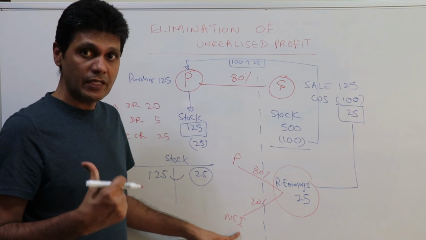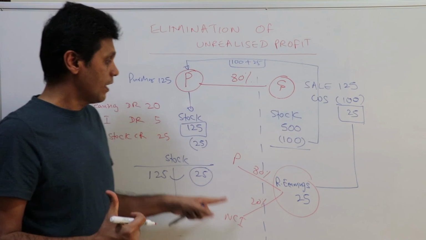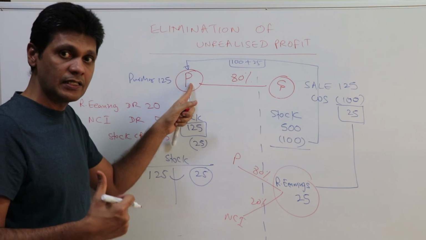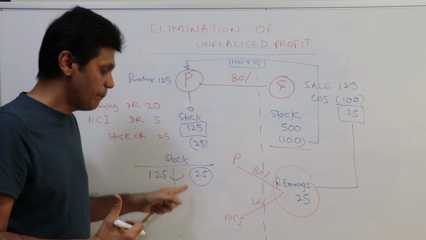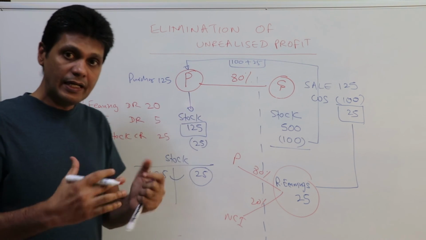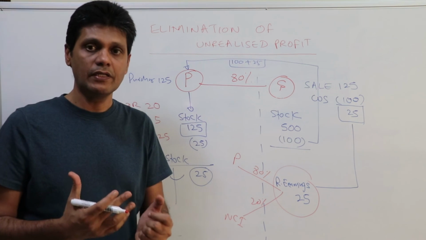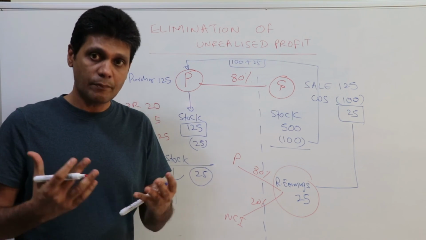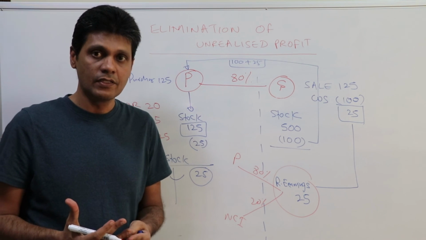However, in my previous session, I explained that if the profit is recognized and recorded by the parent company, then the entire amount of unrealized profit has to be removed from the retained earnings of the parent company, because the parent company owns the entire profit.